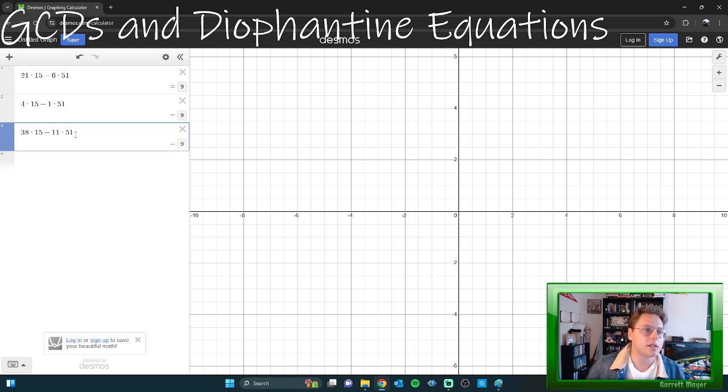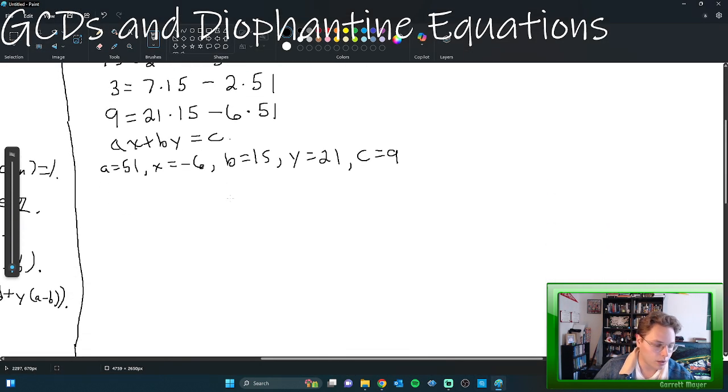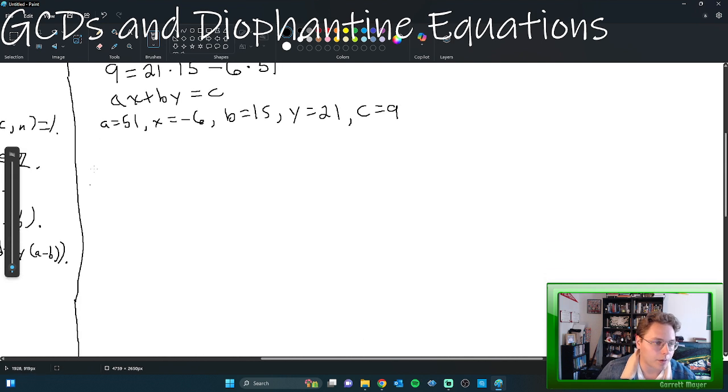So we can see that the solution we get from the Euclidean algorithm is not unique. There are other solutions here with different integers. How can we come up with these other solutions? Well, we will also have a theorem for that.